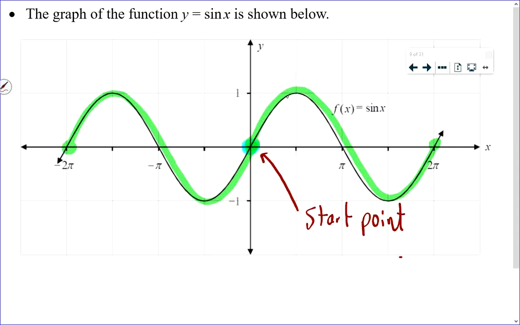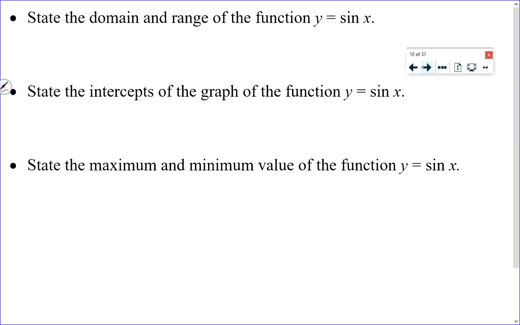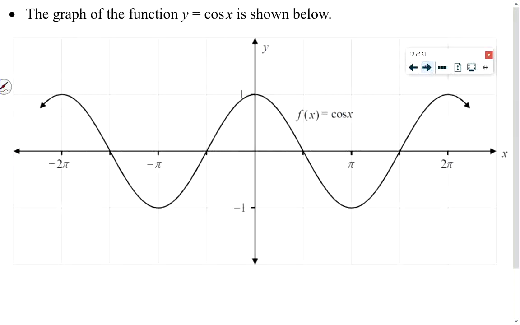Where does cosine start? Well, cosine starts at 0 radians, but the cosine of 0 is the x-coordinate, which is 1. Which means that the start point for cosine, just to jump ahead, is 1. This is the start point.